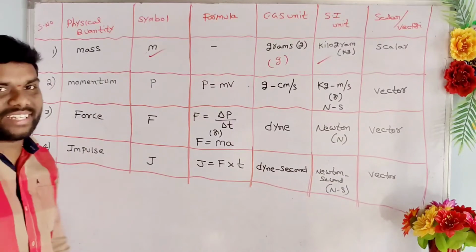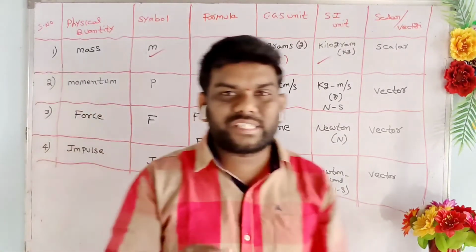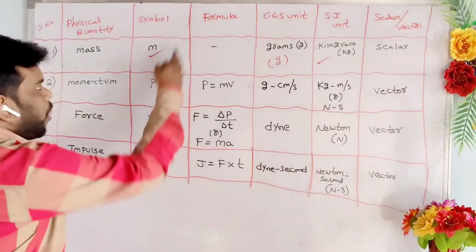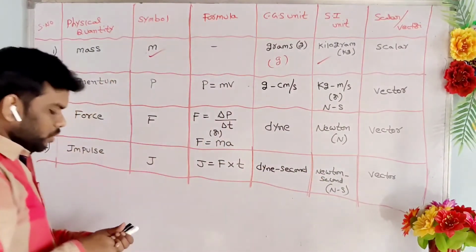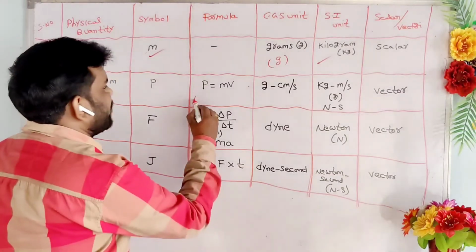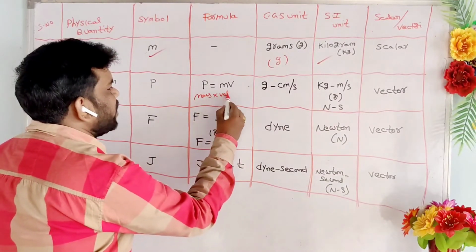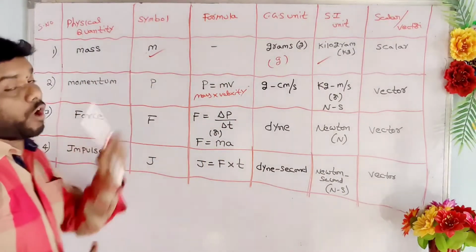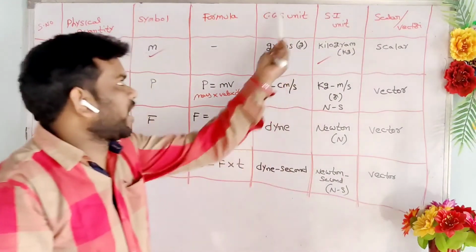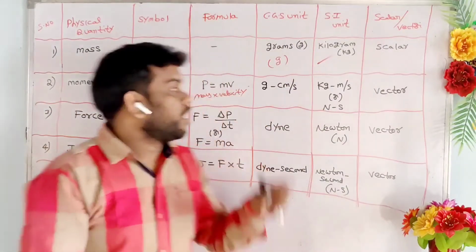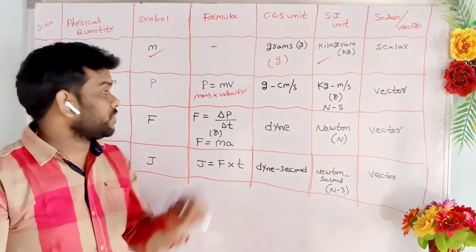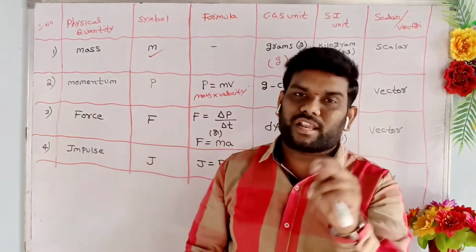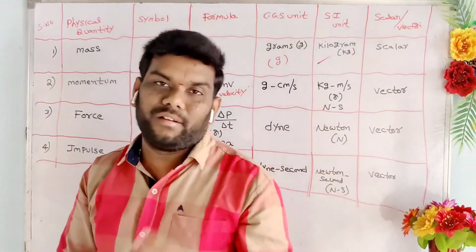And next one, momentum. Momentum is denoted by the symbol P. The formula is P equal to mv. What is m? Mass. What is v? Velocity. So mass into velocity is the formula of momentum. What are the units in the CGS system? Mass is measured in gram and velocity in centimeter per second, so the unit is gram centimeter per second.